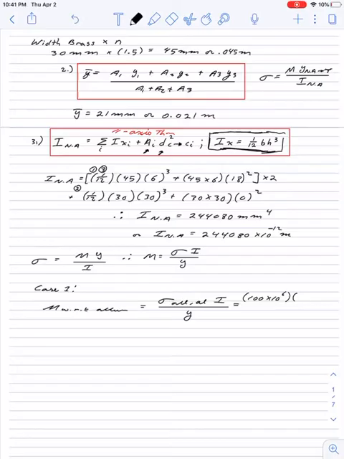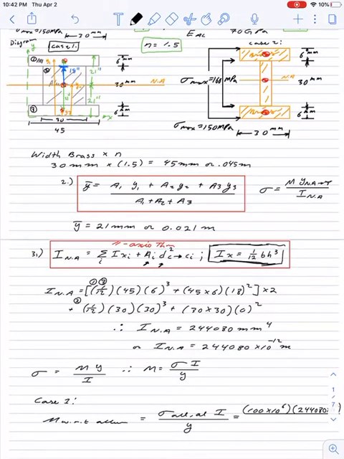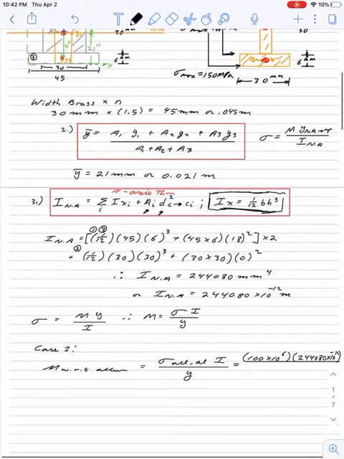Moment of inertia is 244,080 times 10 to the negative 12, divided by, we said that moment arm is 15.